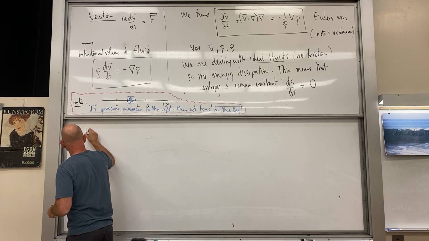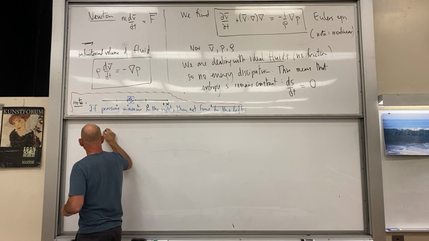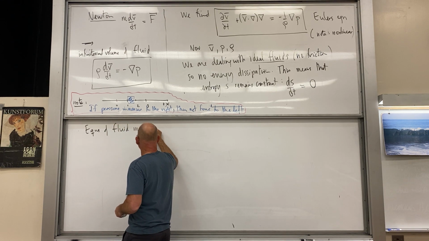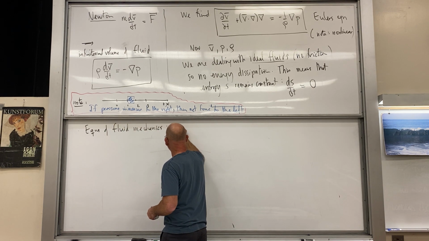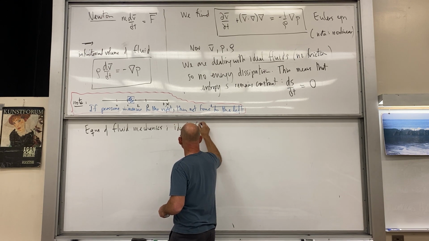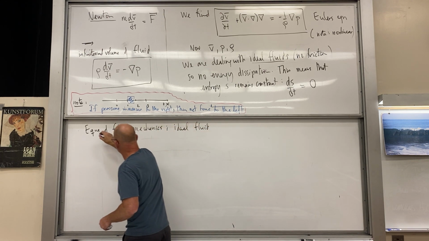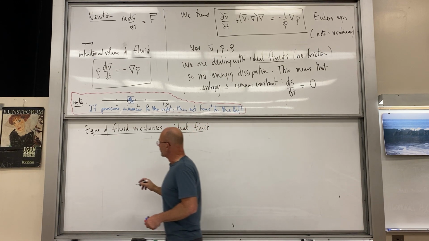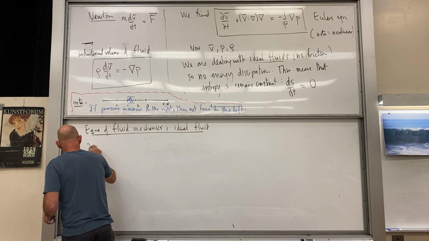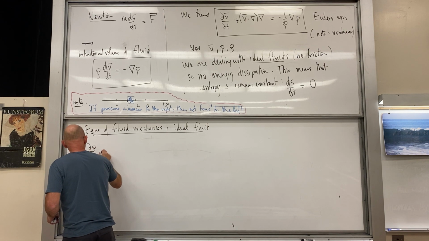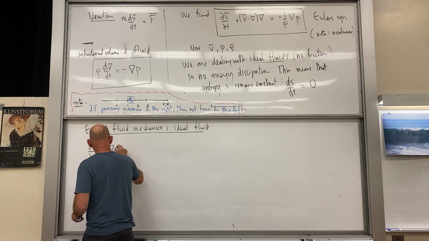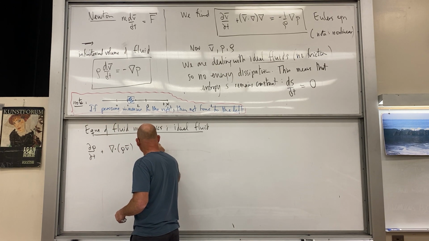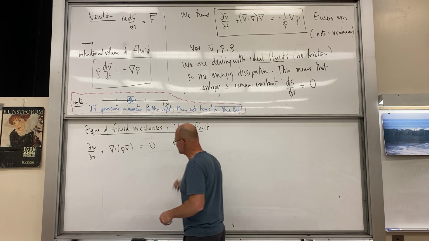So now we have the equations of fluid mechanics, ideal fluid. We already had the continuity equation, d rho/dt plus divergence of rho v equals 0. I'll call this equation 1.